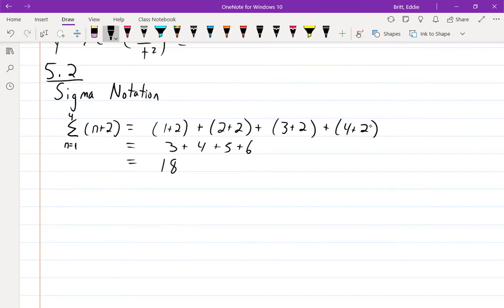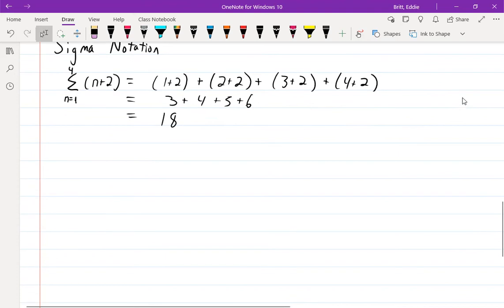Alright, so that's summation notation and basically how it works. It just means to sum things up. And so, here's a summation that we're going to be using today in the lesson.